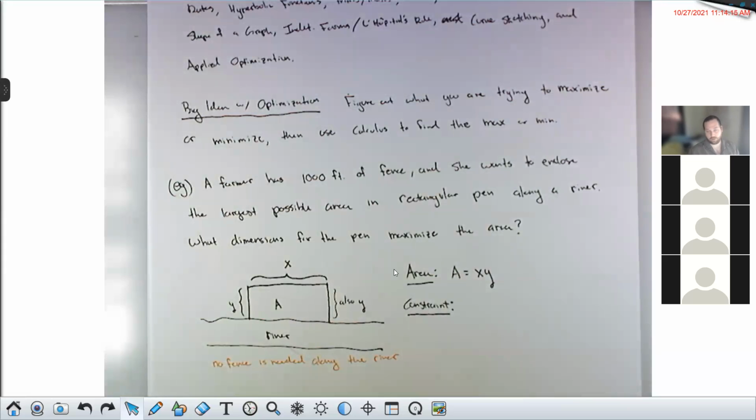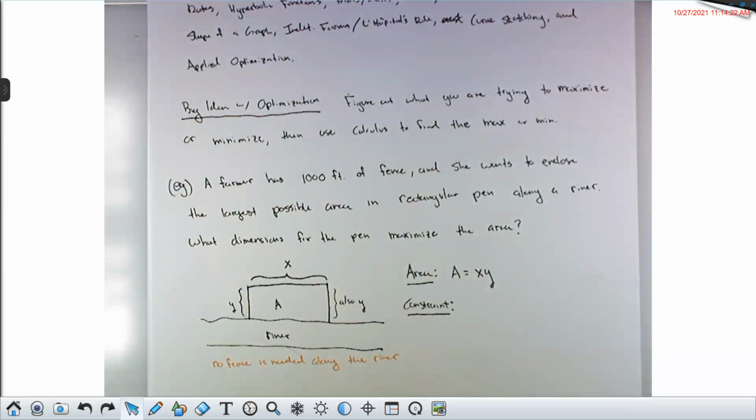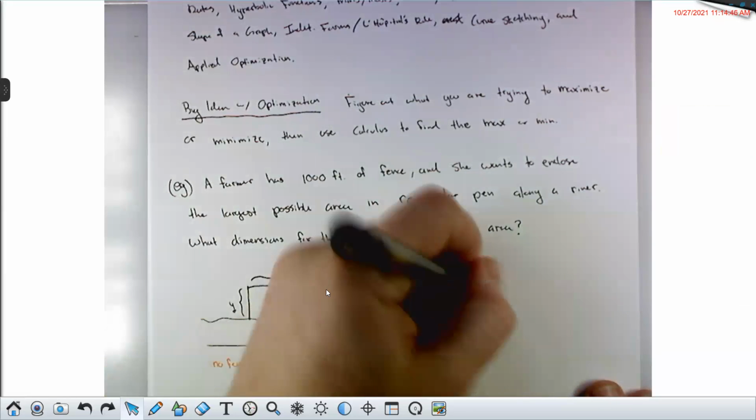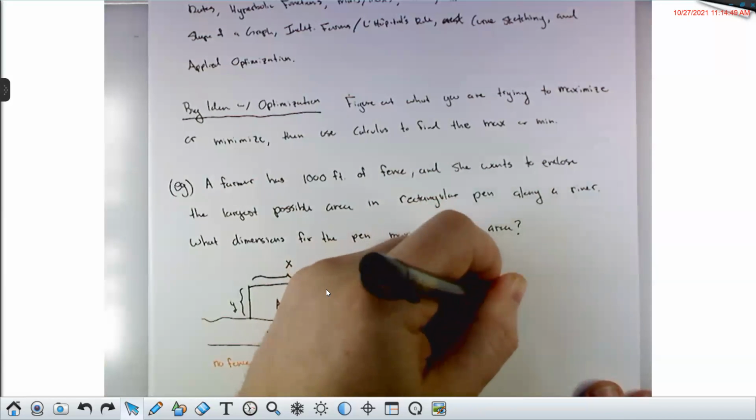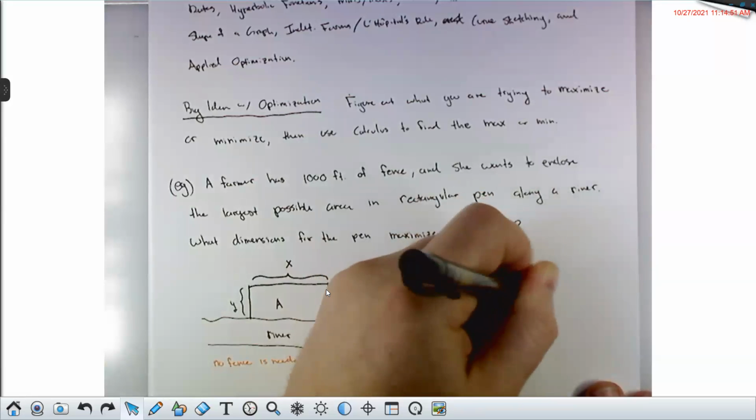Obviously, I want to use all the fence material I have. So what can you tell me about X, Y, and 1,000? 2Y plus X is equal to 1,000. Very good. So again, there's no fence along this side because it's up against the river. So the fenced portions, I have length Y here, length Y here, and a length X here. So in other words, this comes from the perimeter, sort of. This is 2Y plus X equals 1,000.